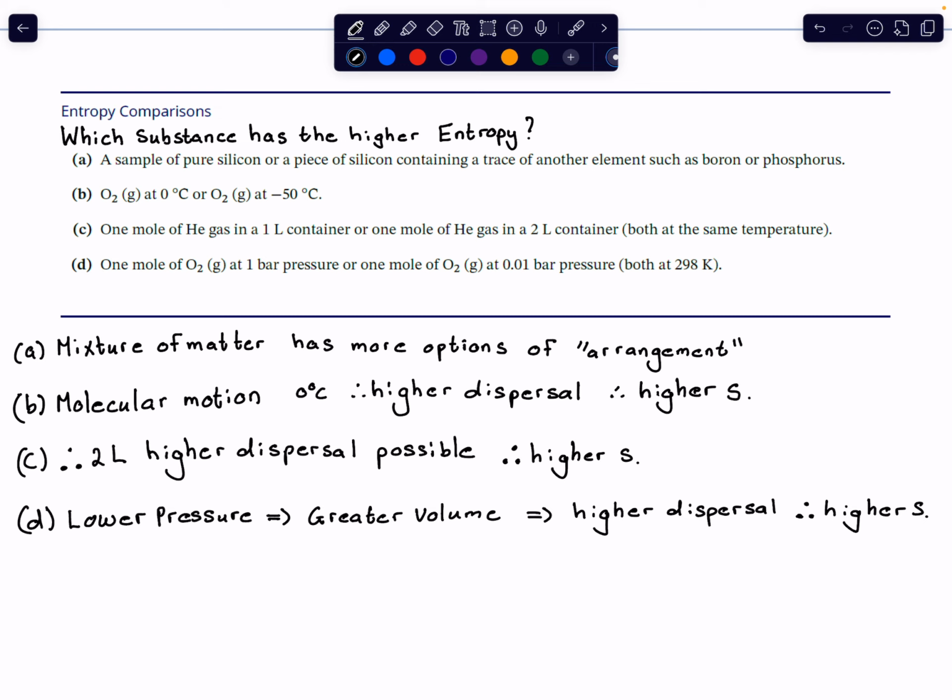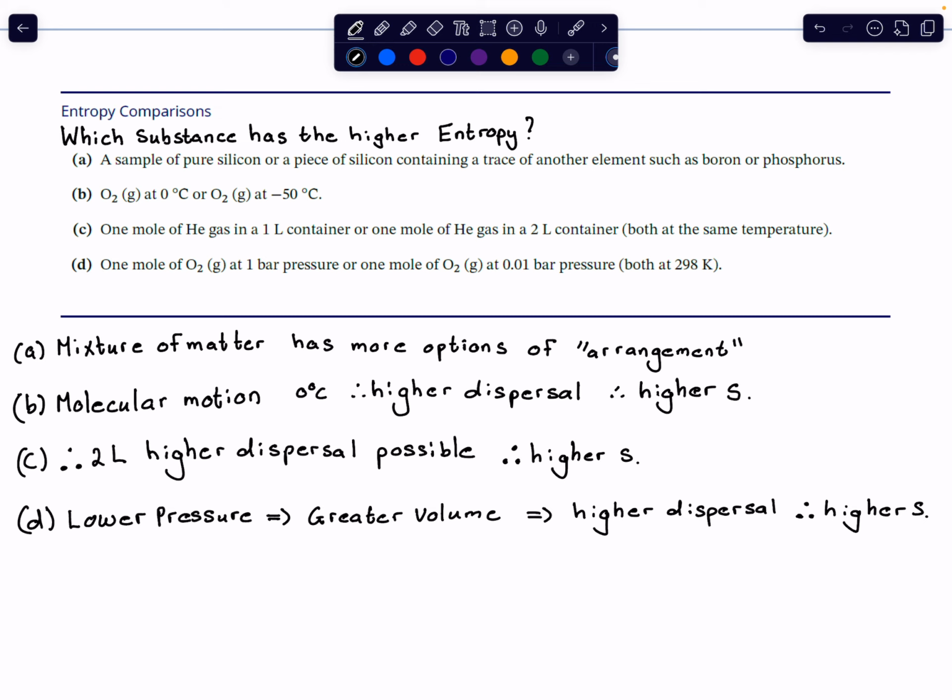If the matter and the energy is able to disperse more, move around more freely, has a larger molecular surface, a larger molecule, whatnot, that means it will have a higher entropy. In general, you're looking for anything that has more arrangement options, a broader area, occupies a larger volume, can disperse more, and is able to move more freely.